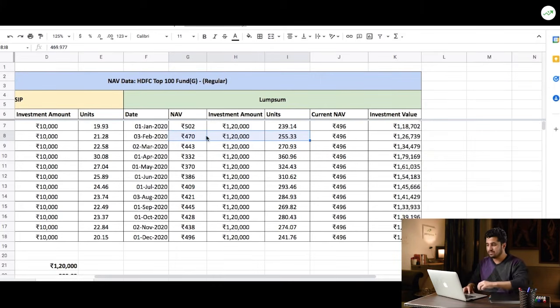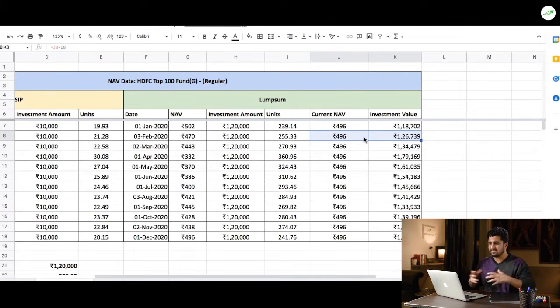And once again, if you look at the investment value on 1st of December 2020, the NAV was 496, and so your investment value was 1,26,000 rupees, which means you made some profit in a period of 1 year. Your 120 went up to 126.